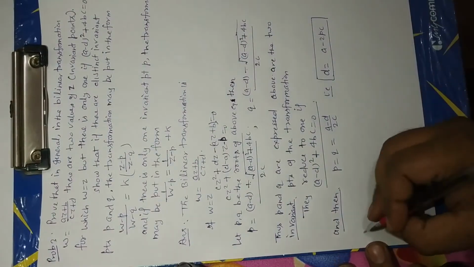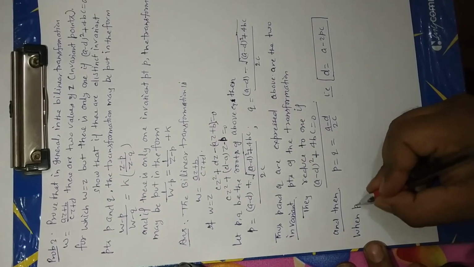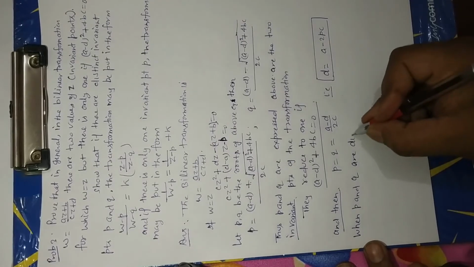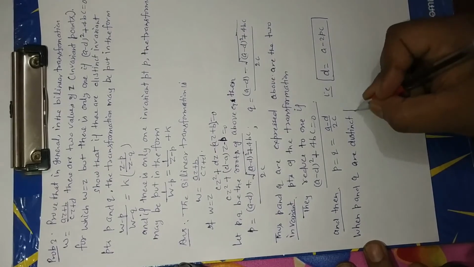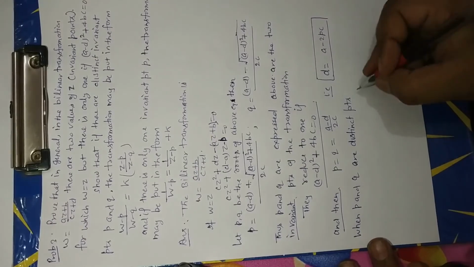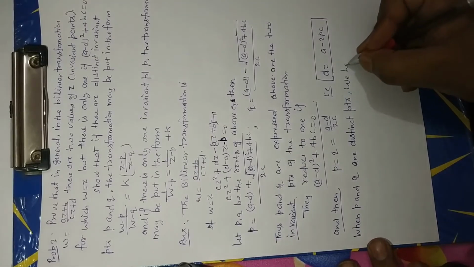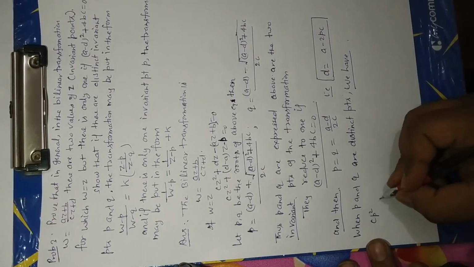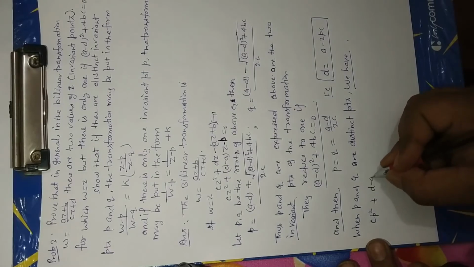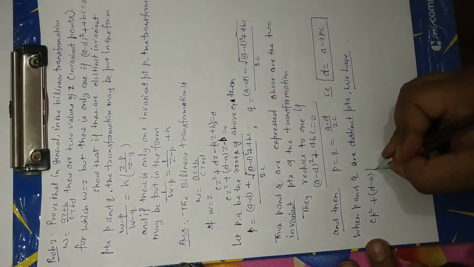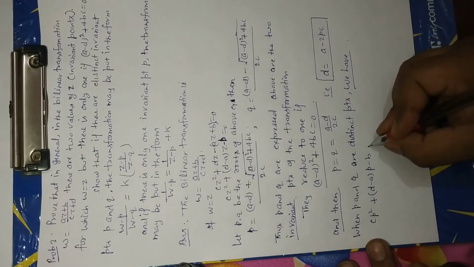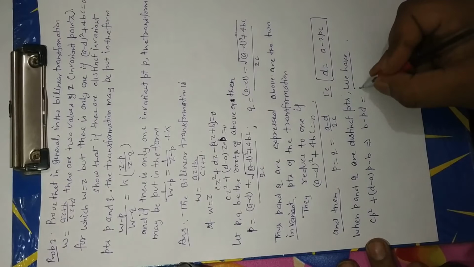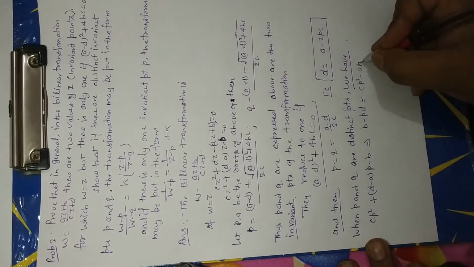When P and Q are distinct points, we have CP square plus (D minus A) P minus B, which implies that B minus PD is equal to CP square minus AP.